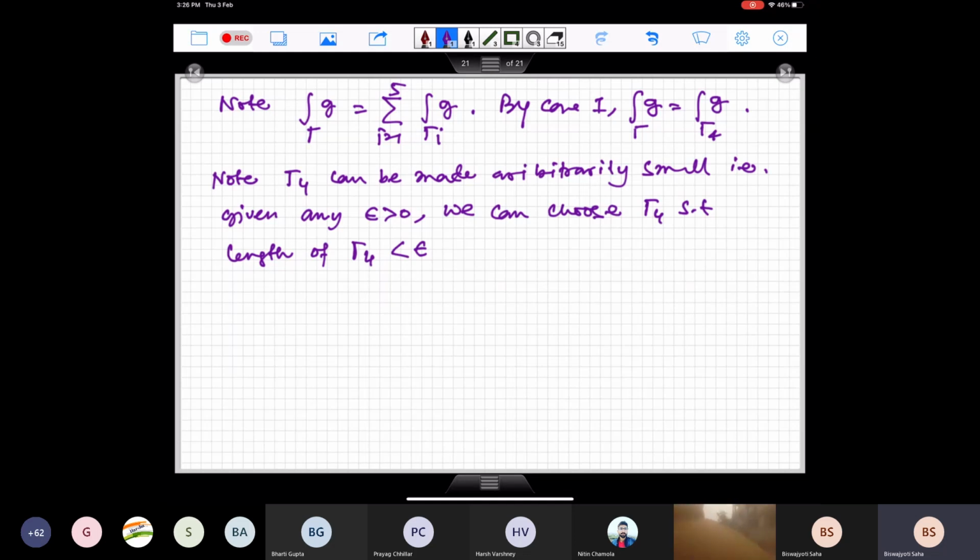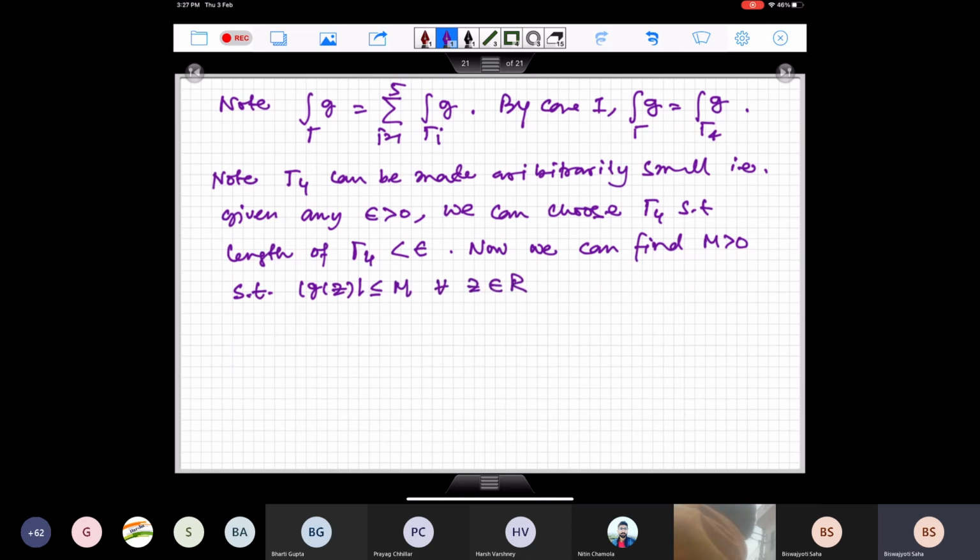So now we can find M positive, independent of gamma 4, such that the modulus of g(z) is less than or equal to M for all z in this compact set. So I can find a uniform bound.